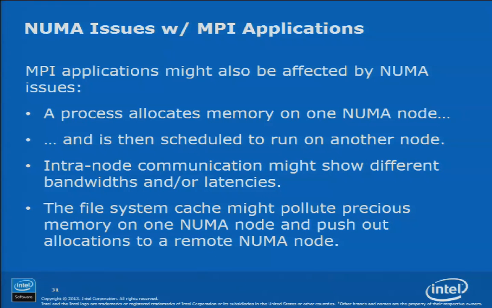So whenever a thread allocates data, it might be wandering around in the system. And of course, when you do internode communication, so sending one MPI message to another MPI process on the same machine, you might see different latencies compared to other processes, right? So some messages are slower than others.